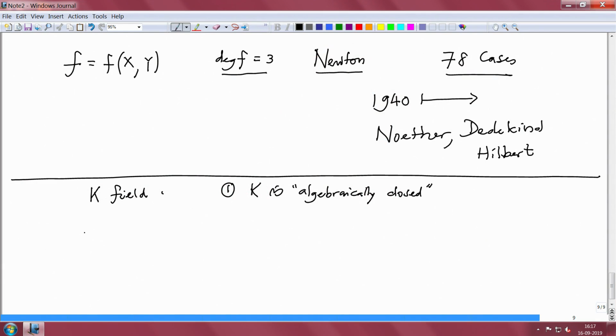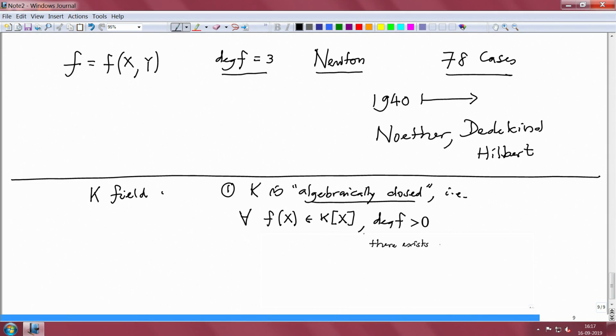That means, if I have any polynomial f in one variable with coefficients in k, for every such polynomial there exists a solution in k. There exists a small x in k such that f of x is 0.